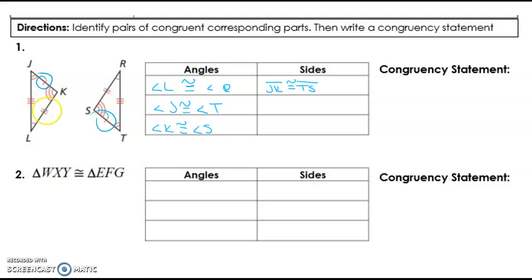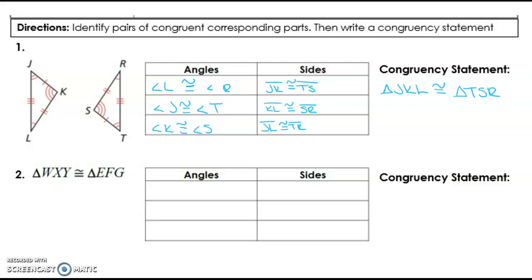Our next one, the one with the two tick marks, tells me that KL is congruent to SR. And then lastly, we have our three tick mark side lengths, so JL is congruent to TR. Now that we know that all parts of this triangle are congruent, we can say for our congruency statement that triangle JKL is congruent to triangle TSR.